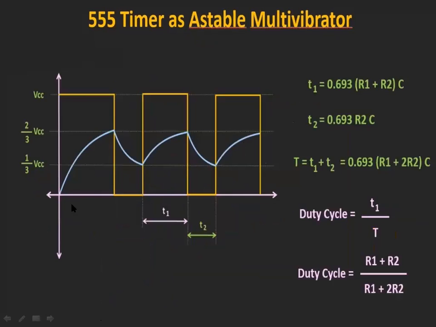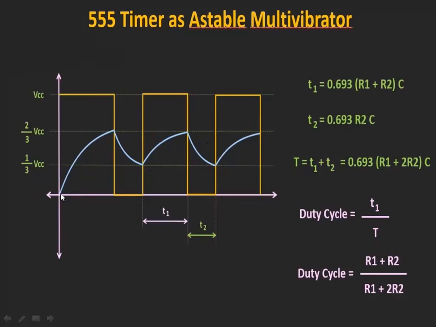Coming to the output waveform and capacitor waveform, here you can see the output waveform. The yellow color waveform is the output waveform produced by this 555 timer astable multivibrator, and the blue color is the charging and discharging of the capacitor.